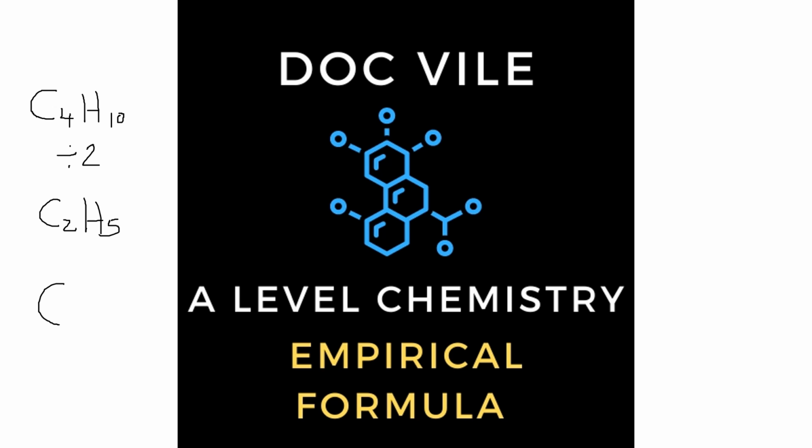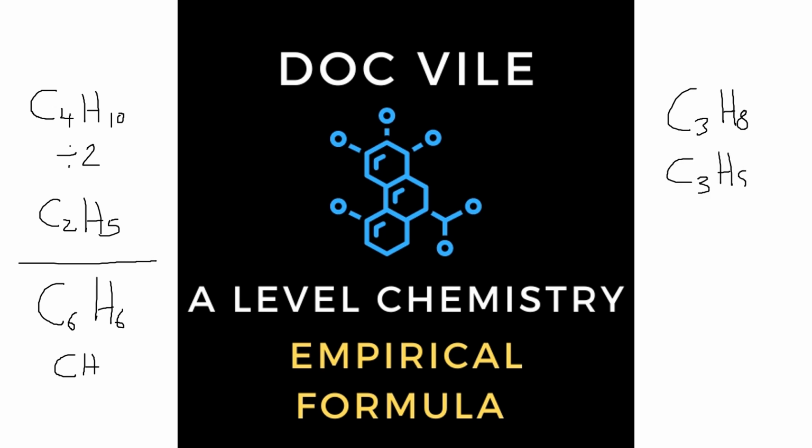If I had C6H6, you could divide both by 6, and then the empirical formula would be CH. But if I had C3H8 as the molecular formula, the empirical formula would also be C3H8. You can't simplify C3H8 any further.